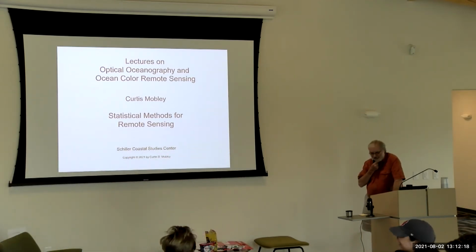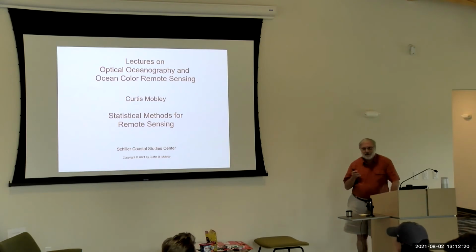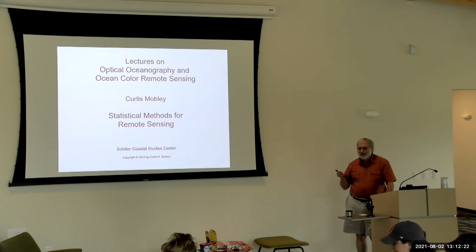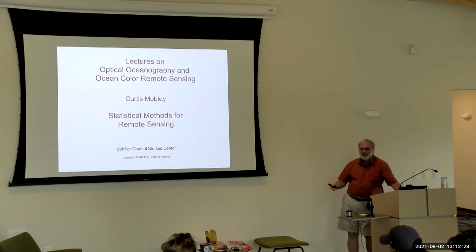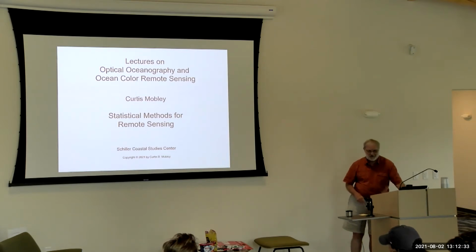Okay, so Friday you learned how to do atmospheric correction. Take the top of the atmosphere radiance out of your satellite. You finally get it down to a water leaving radiance, or generally its equivalent, some kind of water leaving reflectance.